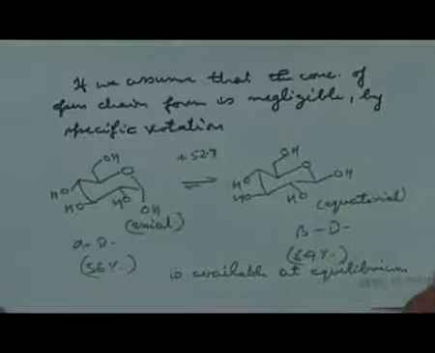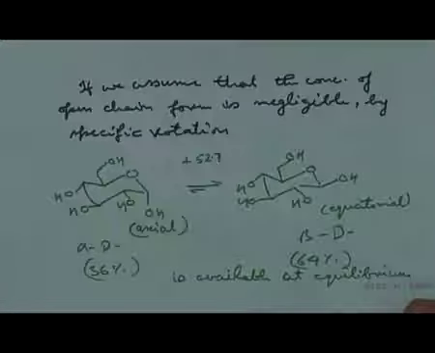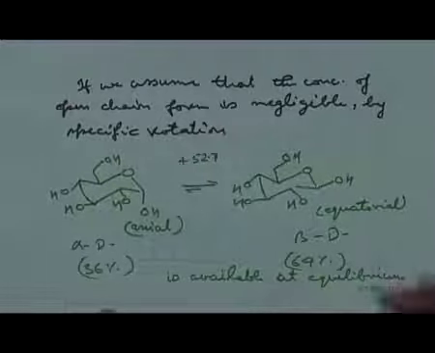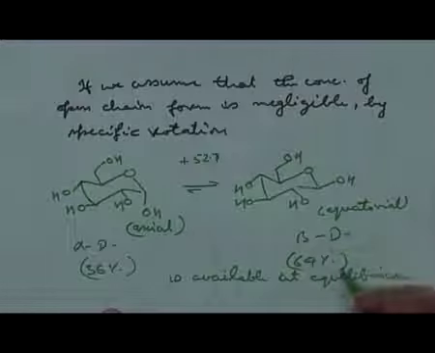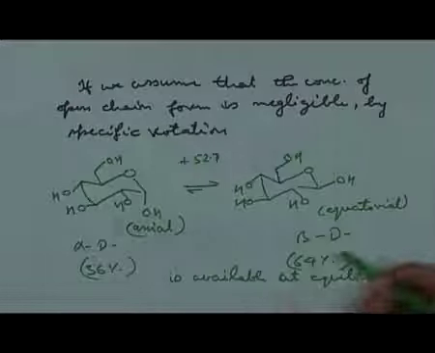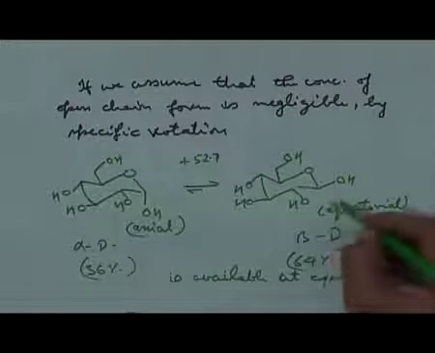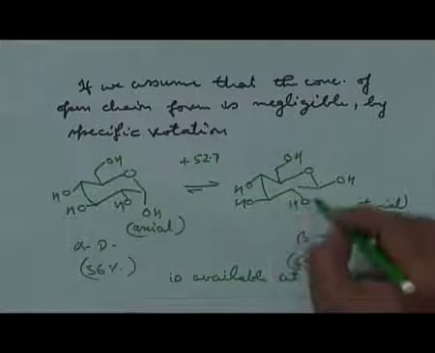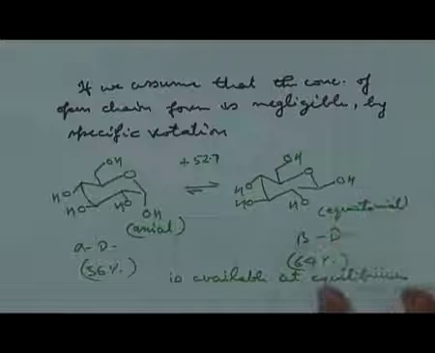Here I would like to add one more point: in this case we can see that 64% is the higher quantity. So, it is not true that always the beta anomer is the most stable. I will show you another example where the alpha anomer is more stable. The beta anomer of a pyranose is not always the more stable.